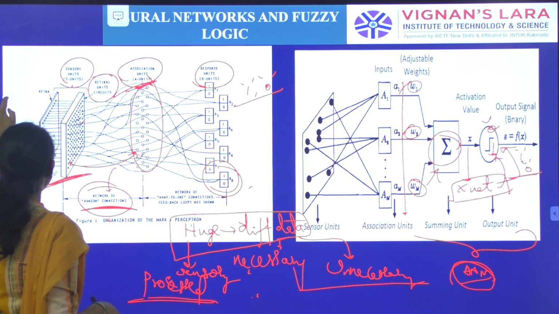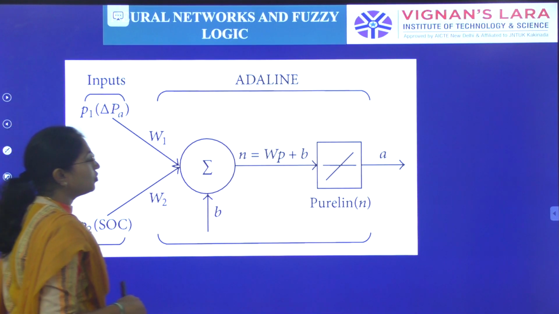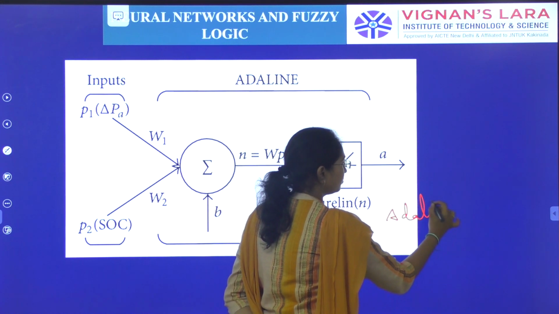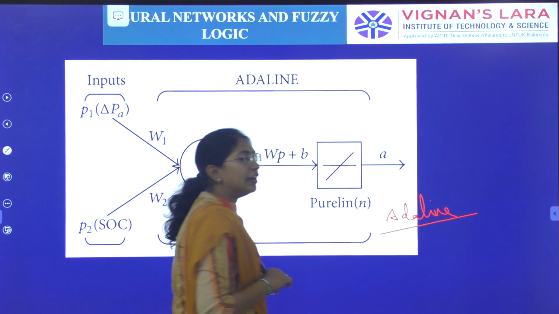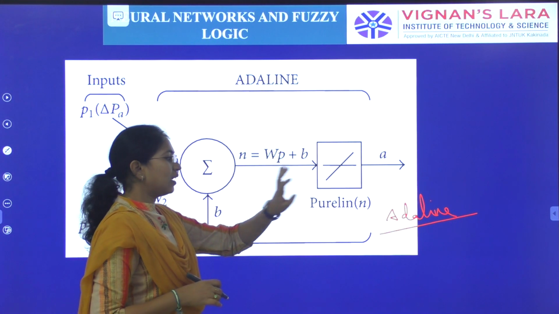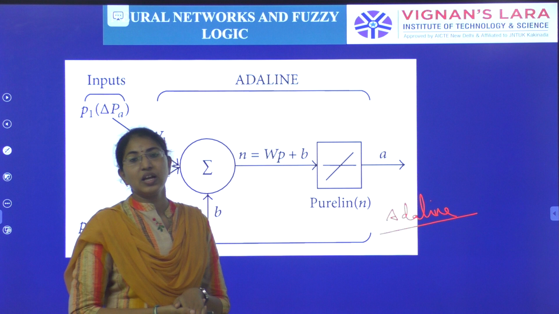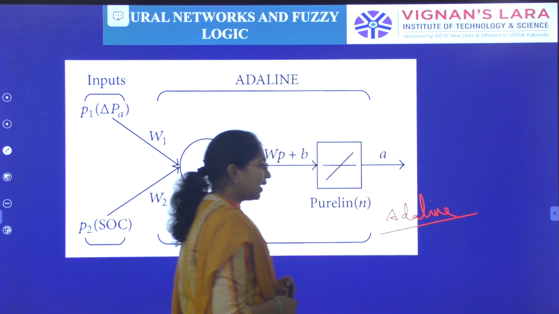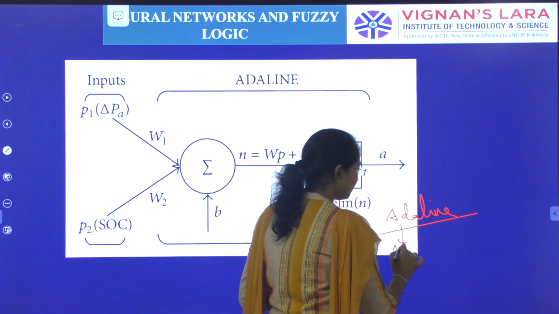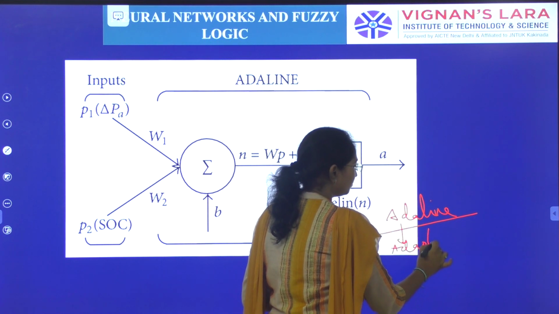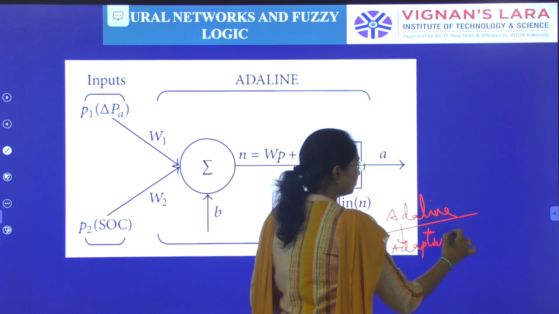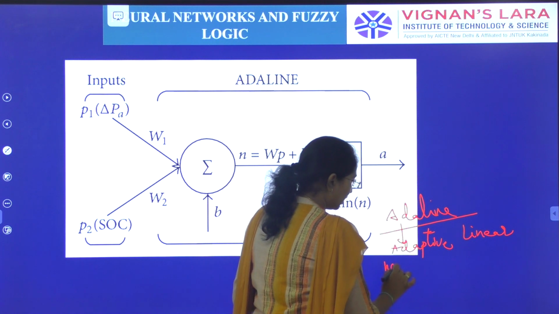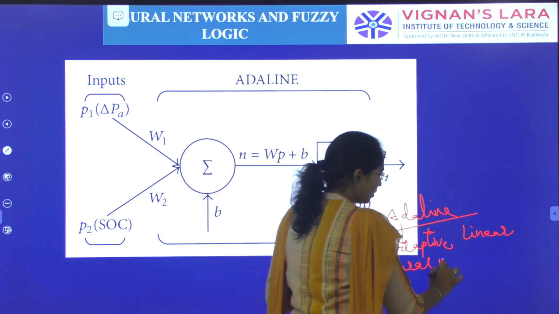Next, the third type of artificial neural network is the Adaline neural network. Adaline is nothing but adaptive linear neural network.